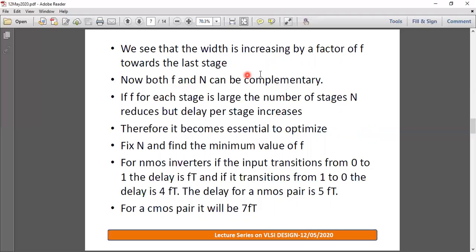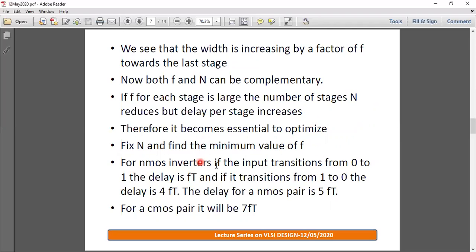Now both f and n can be complementary. If f for each stage is larger, the number of stages reduces, but delay per stage will increase. Therefore, it is essential to optimize the design. So we'll fix the n value and then find the minimum value of f.